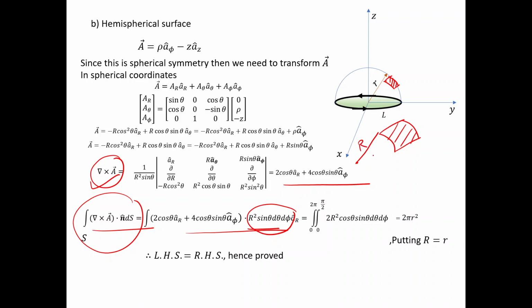This distance is r, this is theta, sorry, this is theta, then this is, let's say, d theta, then this length will be r d theta, and similarly this length will be r sin theta d phi, because if you project it downward, then there will be a change in d phi, and this length is r sin theta.